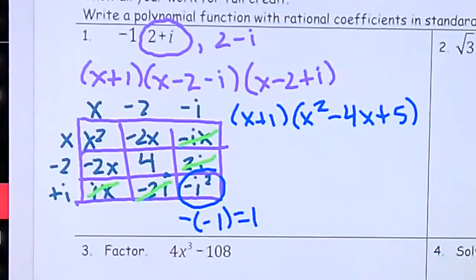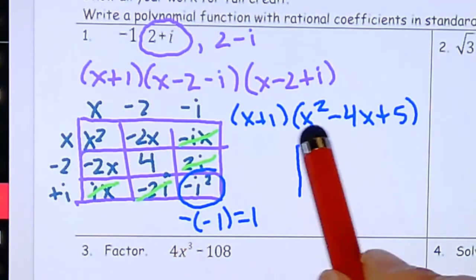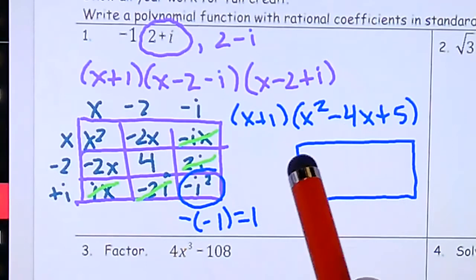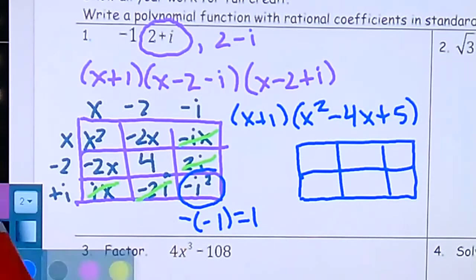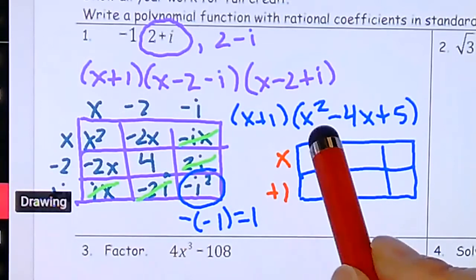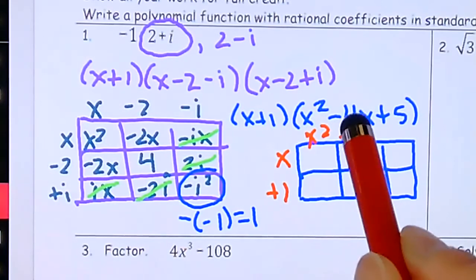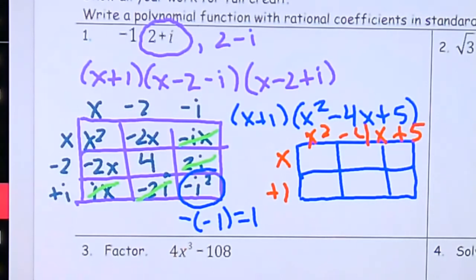So now I'm going to do a 2 by 3 box. And I have x plus 1, I have x squared minus 4x plus 5.